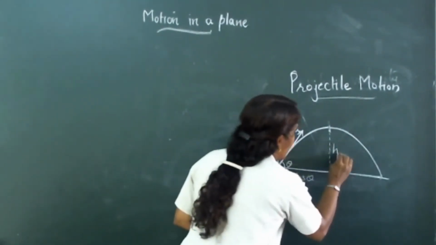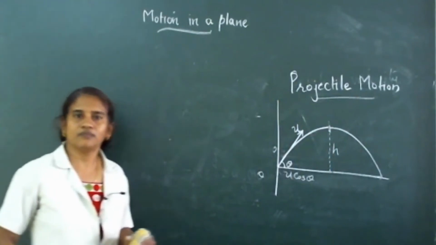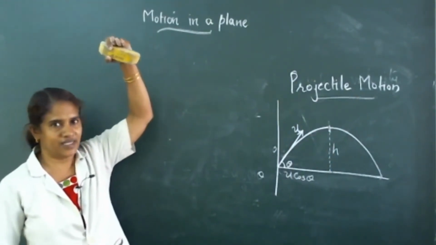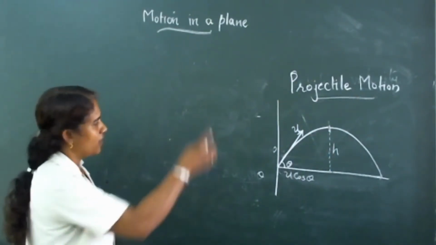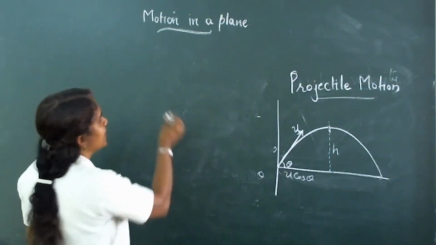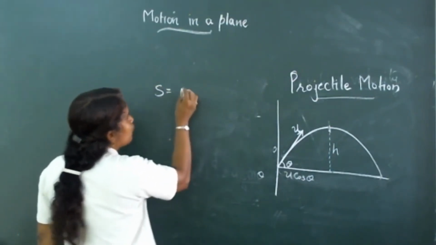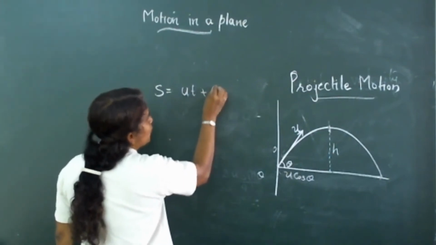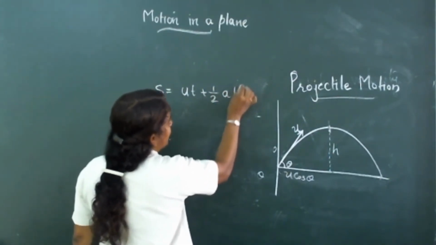What is the maximum height? That means vertical distance. For calculating that vertical distance, again we can use S is equal to ut plus half at square.